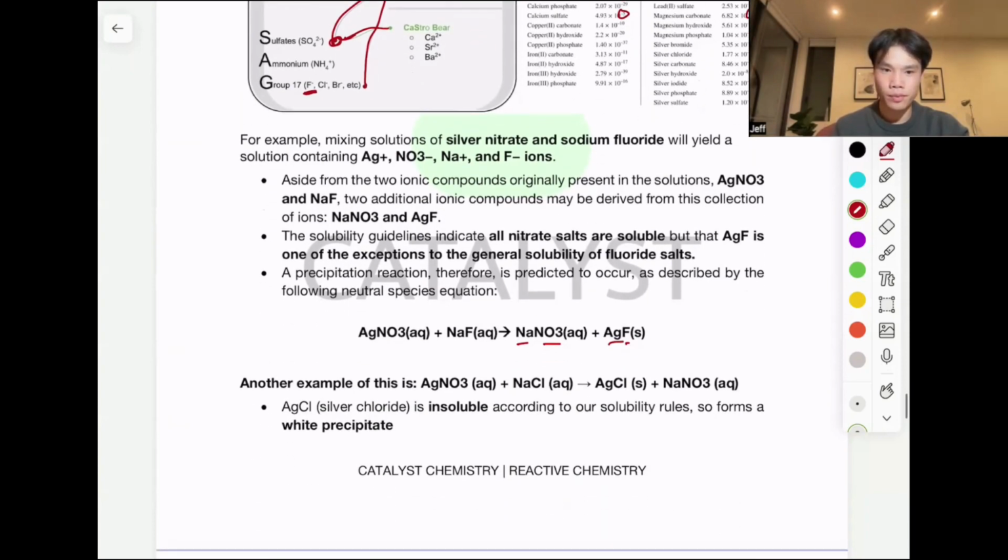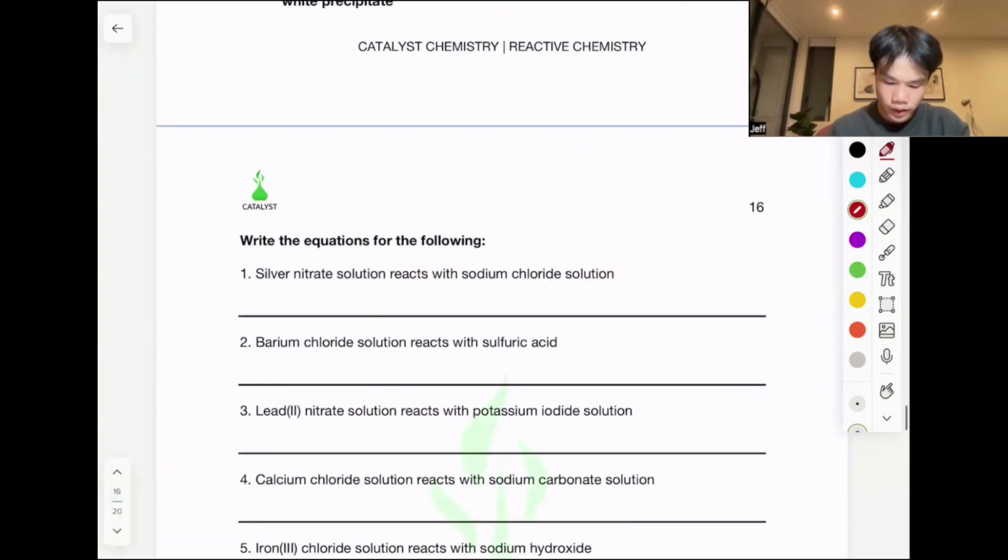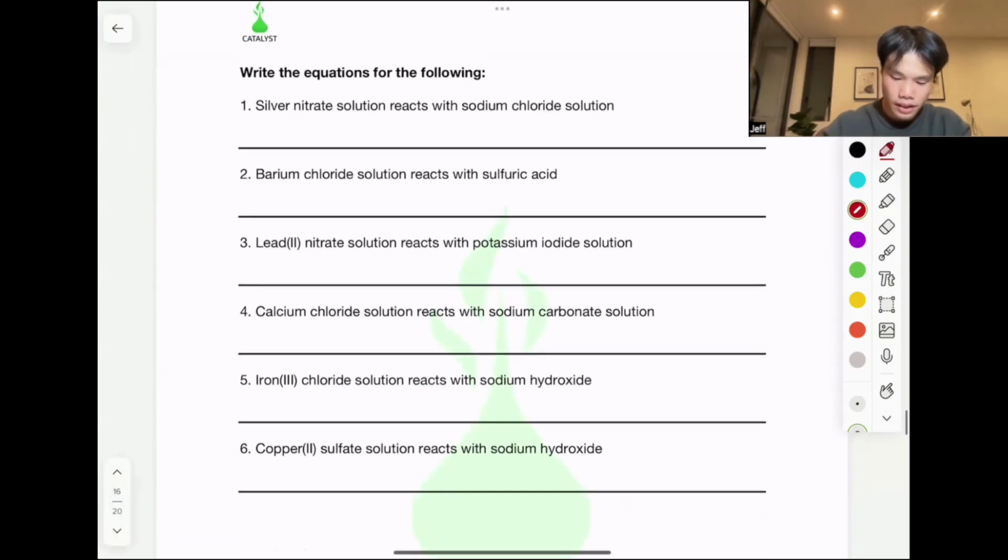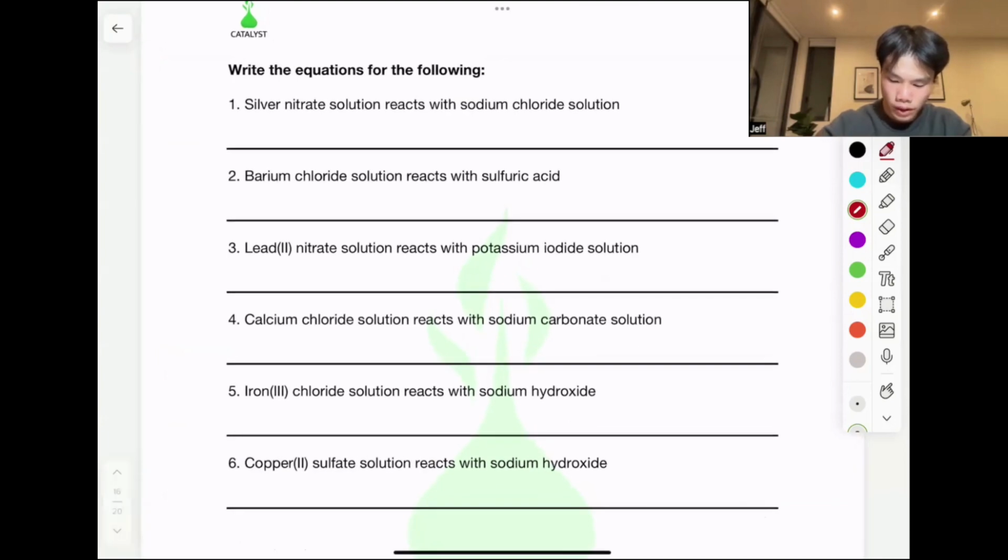Another example. It's not a great variation. It's pretty much the same. Let's figure out one equation. Let's get familiar with these numbers. Copper sulfate reacts with sodium hydroxide.